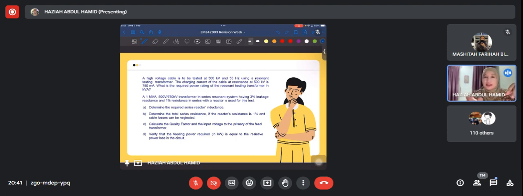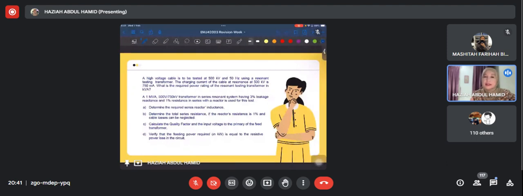Okay, the keyword here, resonant, means that it will happen when XC equal to XL. XC is the capacitive reactance, XL is the inductive reactance. XC equal to XL. Okay, so that is the second method.